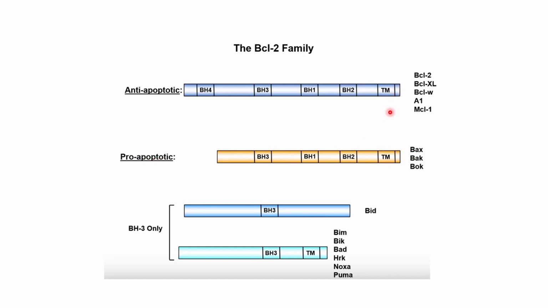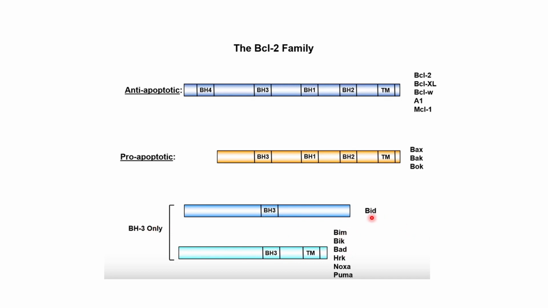And here you can see the transmembrane domain is there in both cases, and BH1, BH2, and BH3, all three domains are present in anti-apoptotic as well as pro-apoptotic proteins. In anti-apoptotic, BH4 is extra, okay, and in the BH3-only family, only the BH3 domain is present.